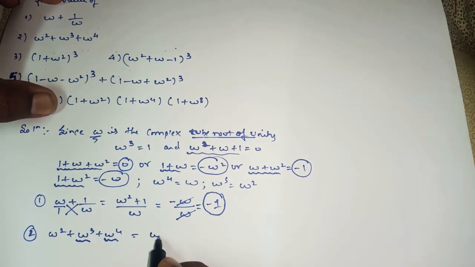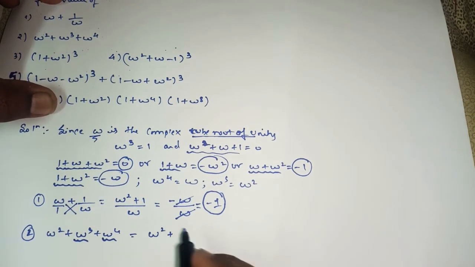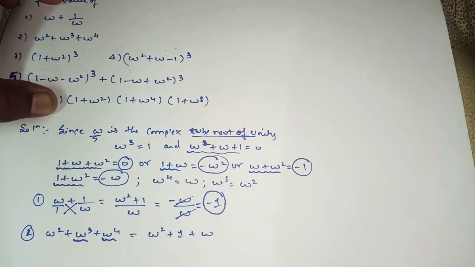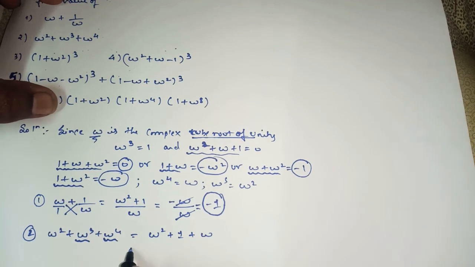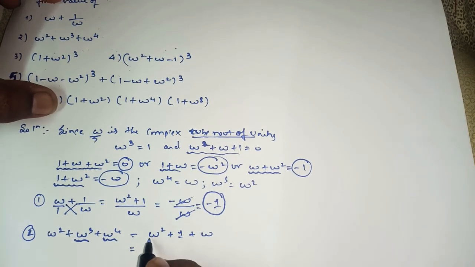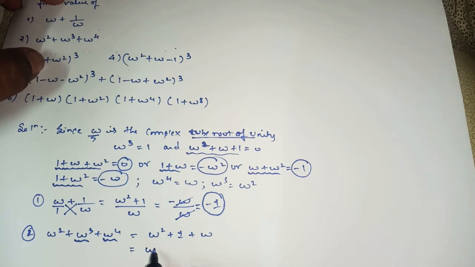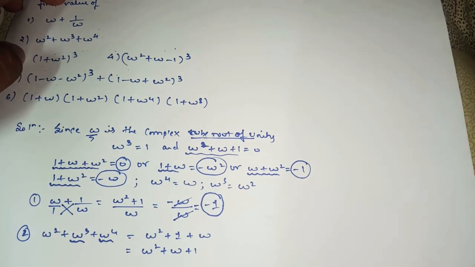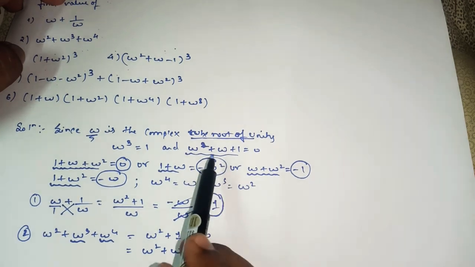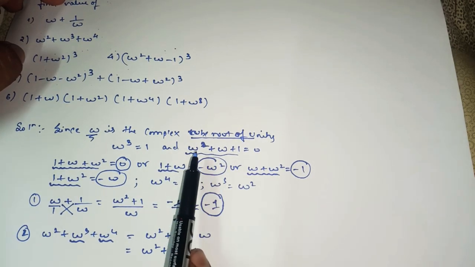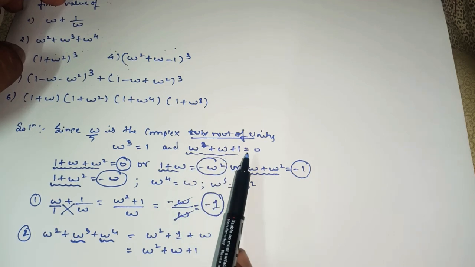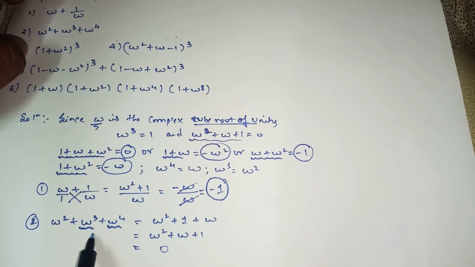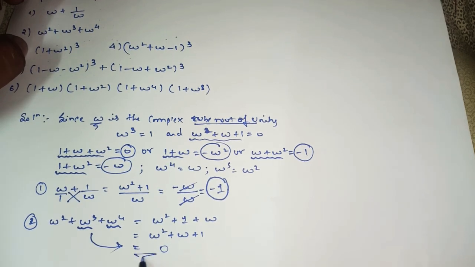So we'll replace w cube with 1 and w raised to 4 with w. Now if we arrange this equation properly, like w square plus w plus 1, we come across this formula. Whenever you come across w square plus w plus 1, straight away you can write the answer as 0.